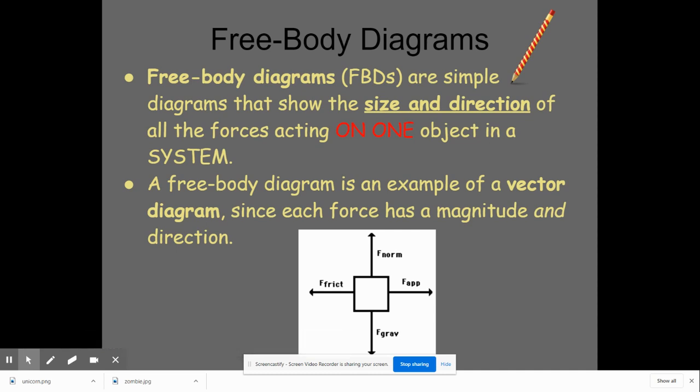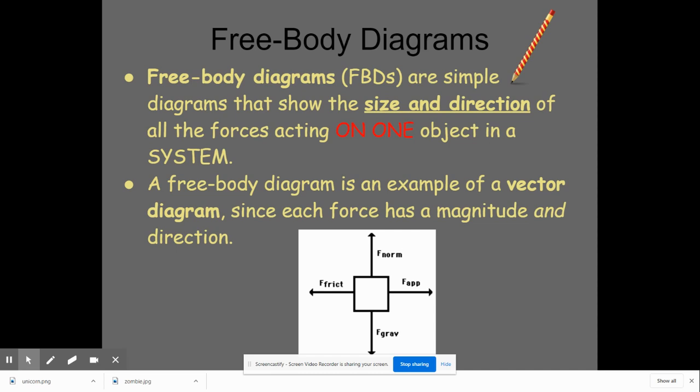system. Now, you notice up there I put on and one in red letters because that is such a simple thing for kids to not really listen to, but it will come back to bite you if you don't listen carefully. When we are drawing these free body diagrams, we only draw one object. So we may have a lot of things going on.